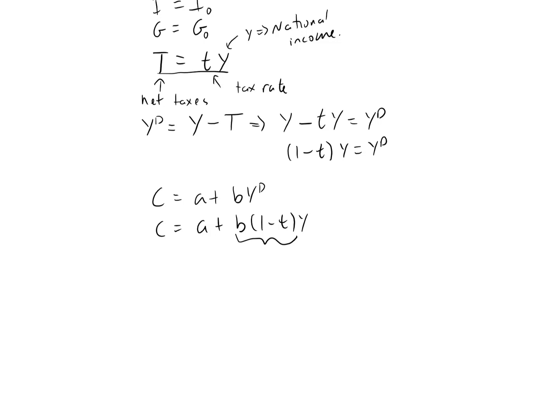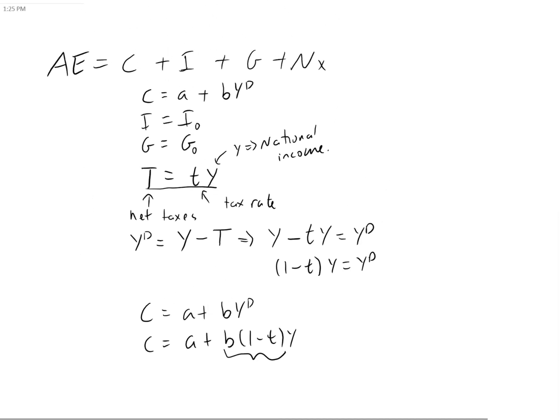We've introduced government. Government purchases are just some constant, and taxes influence our equations by changing the consumption function. In particular, they change the induced part of consumption if we just have this net tax rate and there are no lump sum taxes.